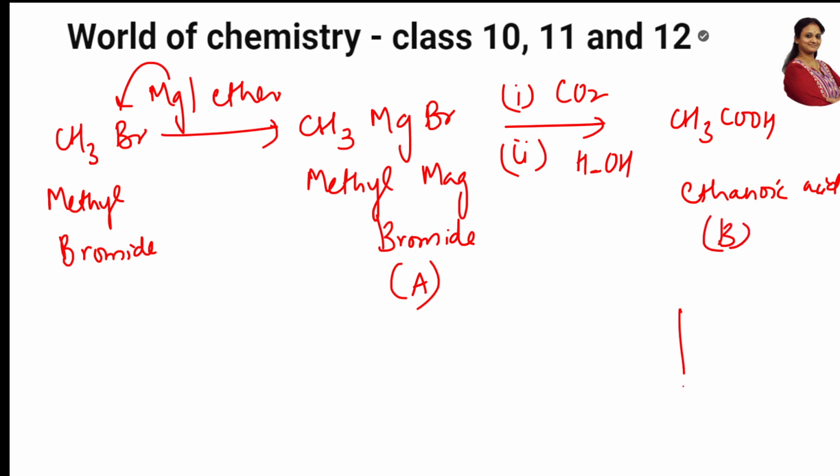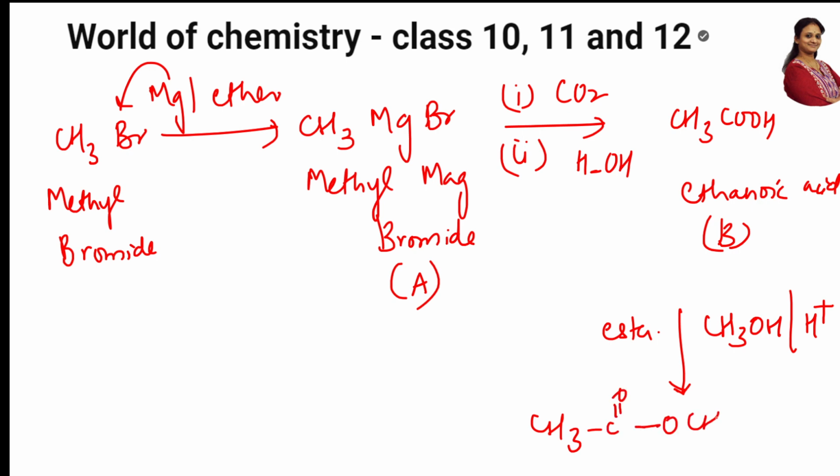Then to this ethanoic acid, we are further taking methanol in acidic medium. Correct? Alcohol in the presence of sulfuric acid. What is this reaction? This is an esterification reaction. So the acid combines with methanol to form an ester. What is this compound?